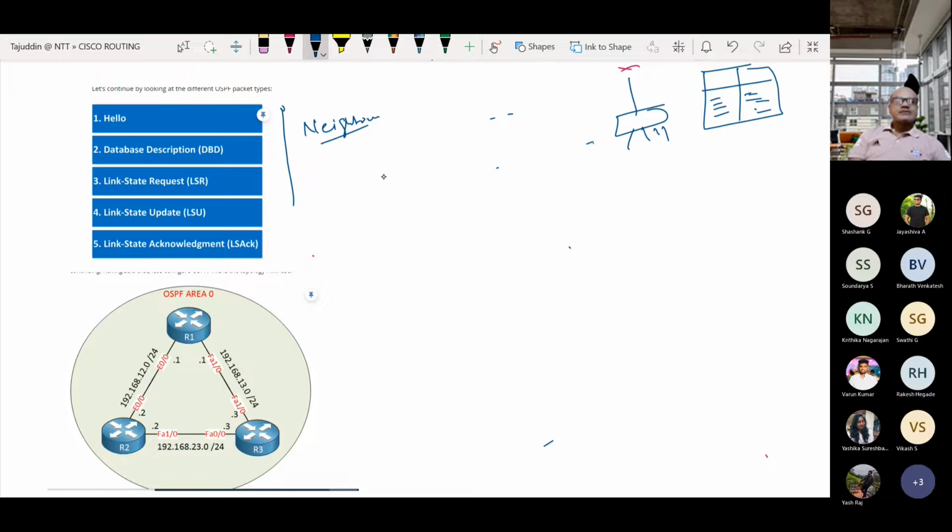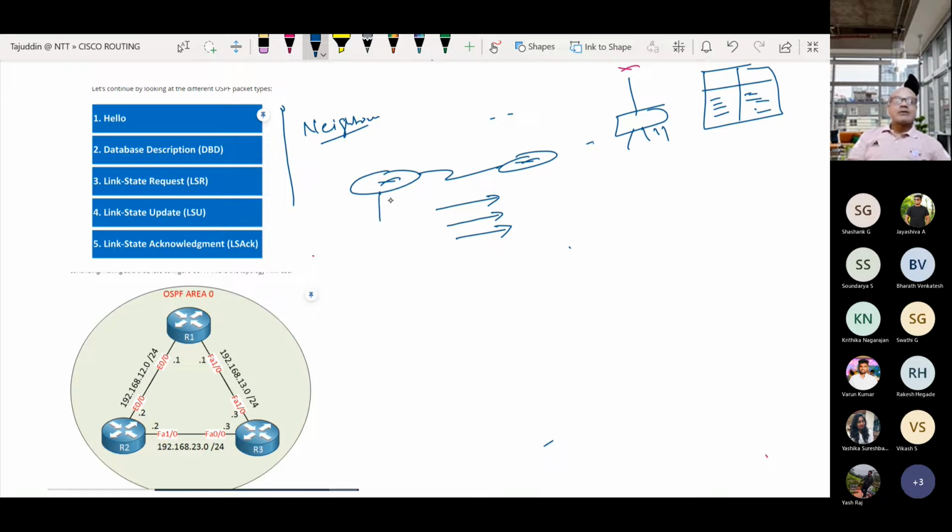Your OSPF sends the hello message. Suppose this is my router, just connected like this. First thing is it'll send the hello message. Then database description, link state request. Again, it will send the link state request, so I want to form a neighborship with you.